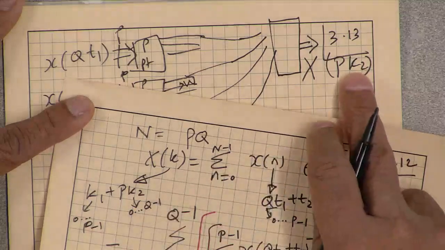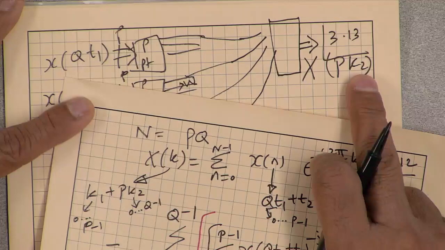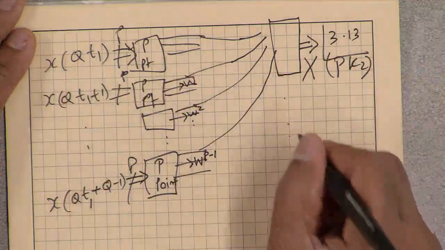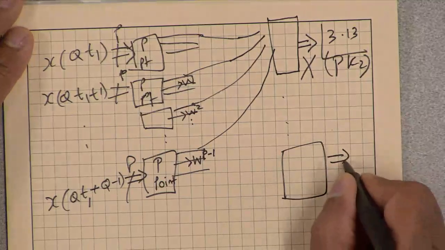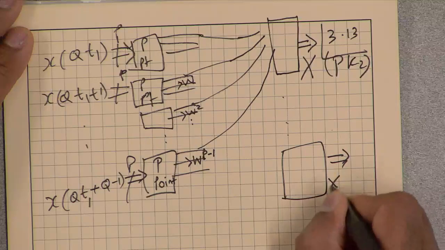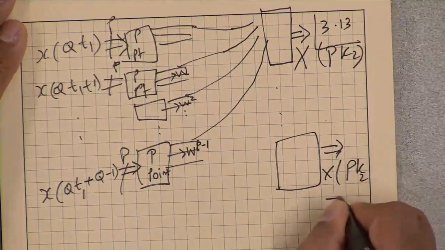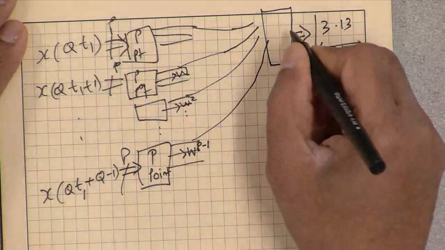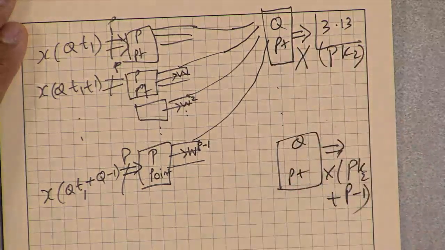So this will be 0. When K2 is 1, this will be P, 2P, etc. And then finally, we will compute X of P times K2 plus P minus 1. These are going to be Q point DFTs.